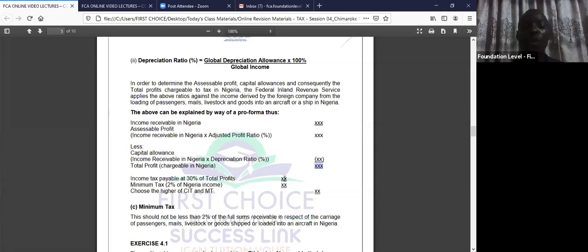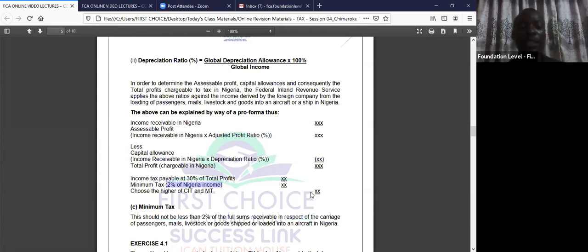Now you have to compare that with a minimum tax. What is the minimum tax? 2% of Nigerian income. When you do minimum tax, 2% of Nigerian income, you have to choose the higher of CIT, which is company income tax, and MT, which is minimum tax. Whichever one is higher, that is used for the tax.